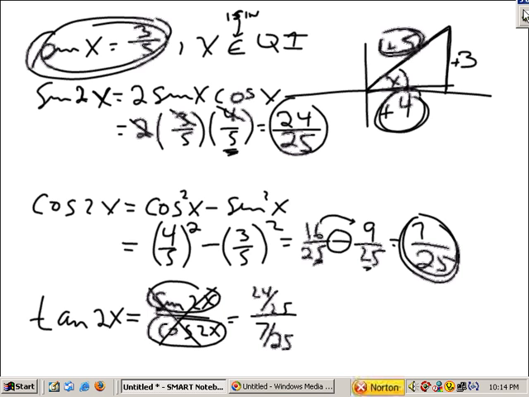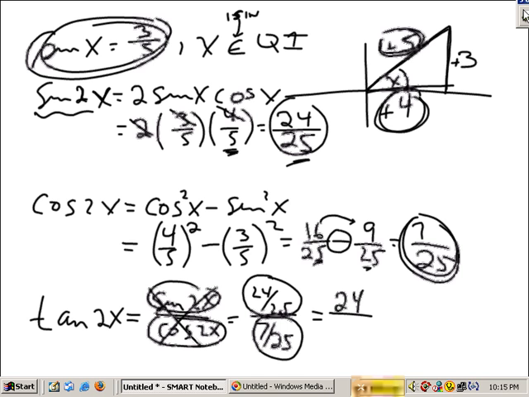You can say in your head, tangent of 2x is equal to the sine of 2x, that's what I just circled, 24 over 25, over cosine of 2x. In division, if either the numerator or the denominator or both are fractions, don't divide.